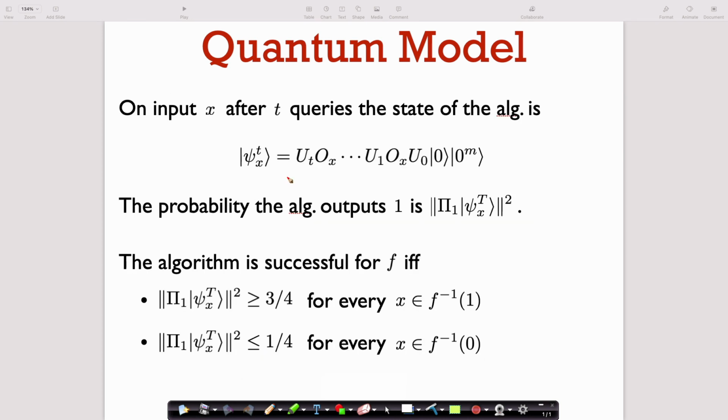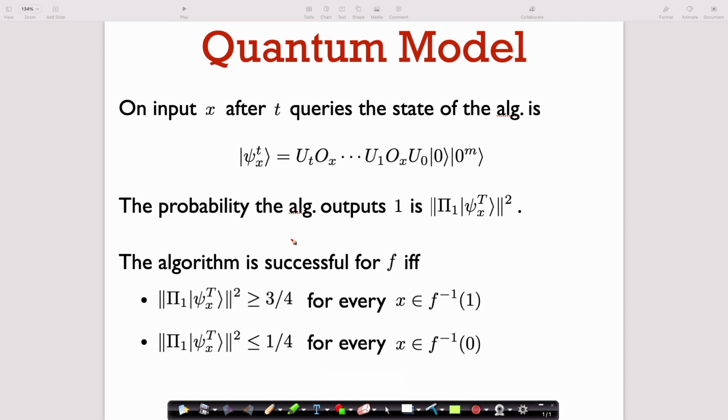If the total number of queries made is capital T, then after we've made capital T many queries, we apply our measurement. The probability that the algorithm outputs 1 is the norm squared of Pi1 on the state of the algorithm after capital T many queries, so Pi1 on psi_x^T.